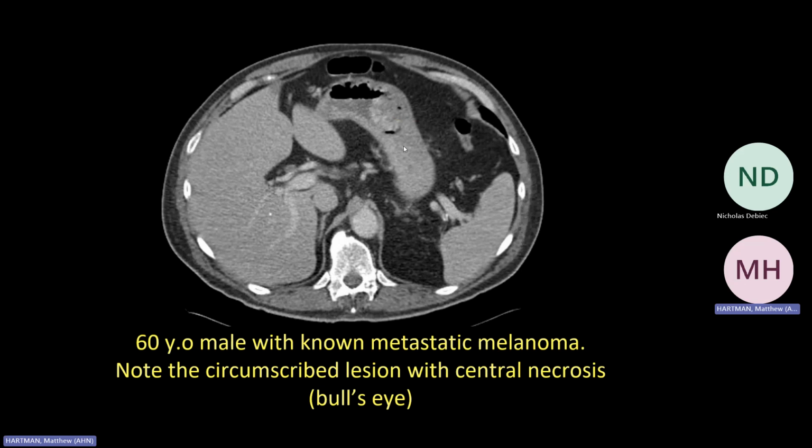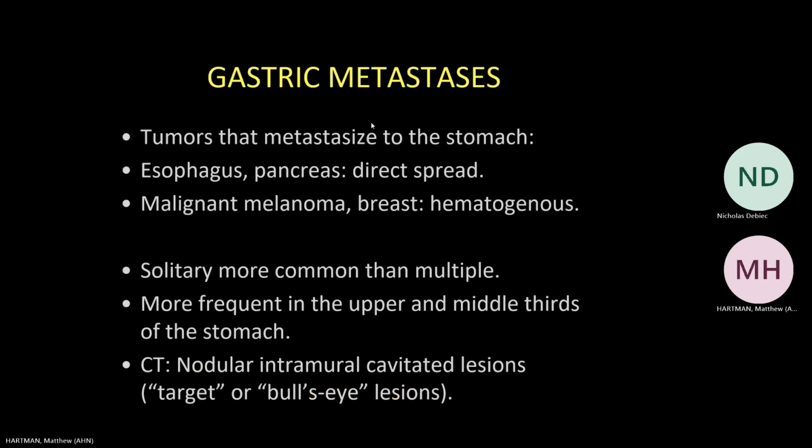And we missed it, there's our arrow pointing to a big innie in the stomach. I will say this is sort of subtle, but it is a finding nonetheless. And similar to the earlier case that we saw of melanoma to the stomach, it's a case of gastric metastases.